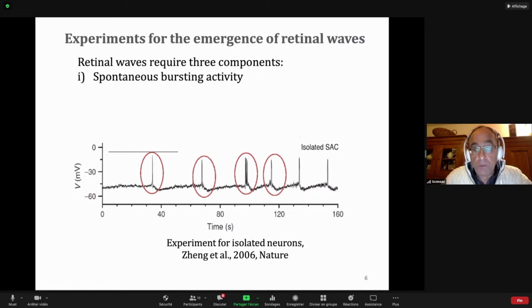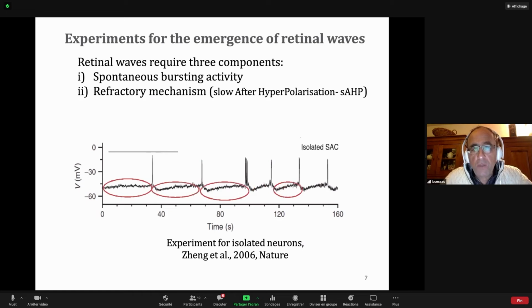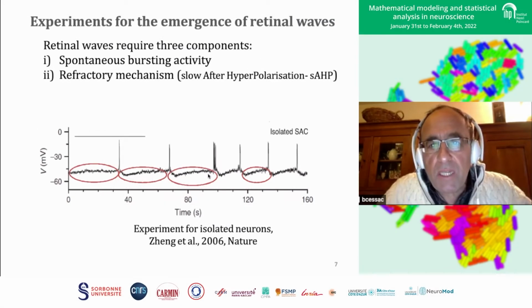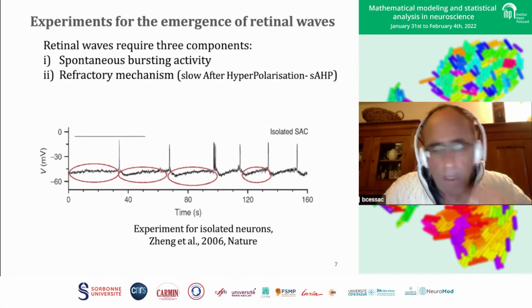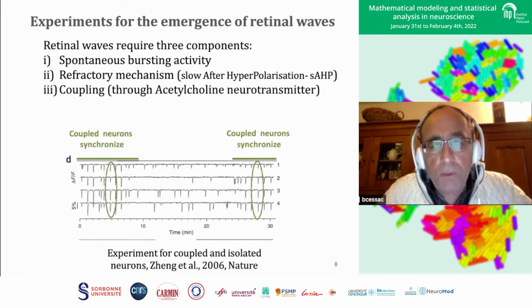These cells are bursting. The second ingredient is that in between the bursts, there is a refractory mechanism, which is quite long. It can last several seconds, even minutes. This refractory mechanism is related to a slow after-hyperpolarization, and it is very slow.